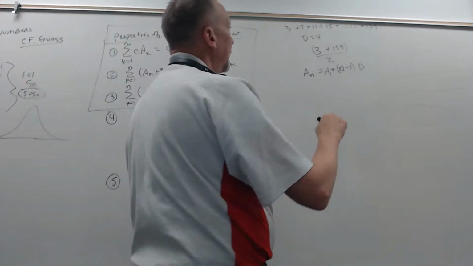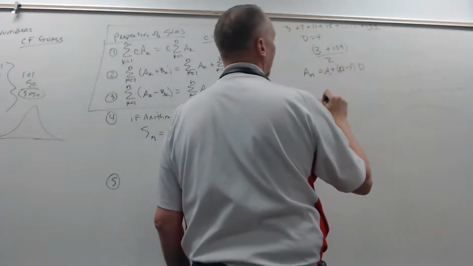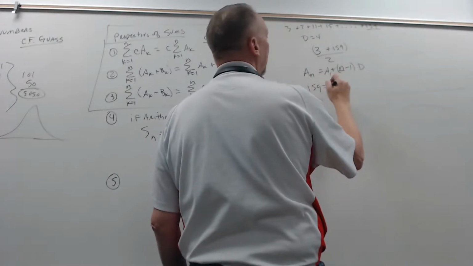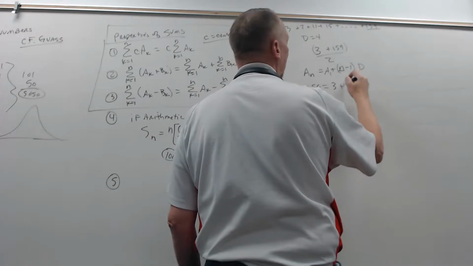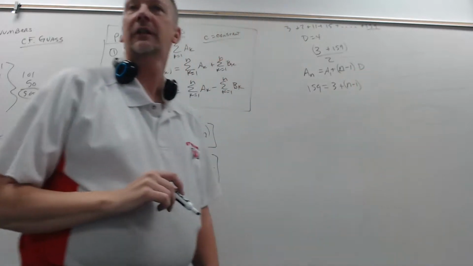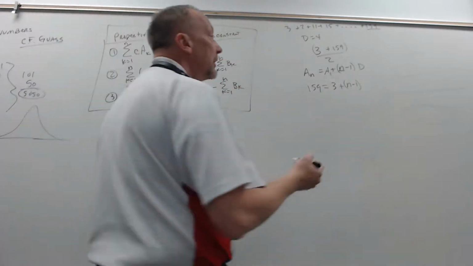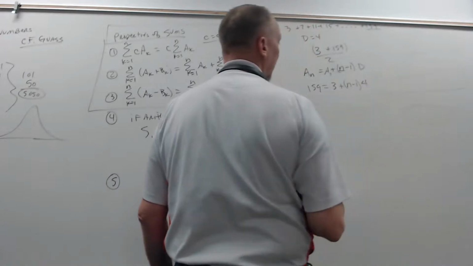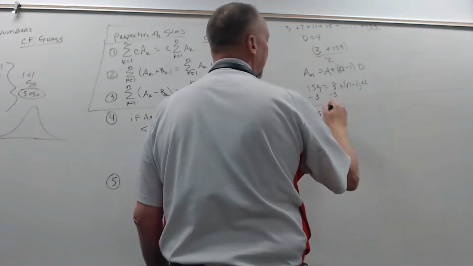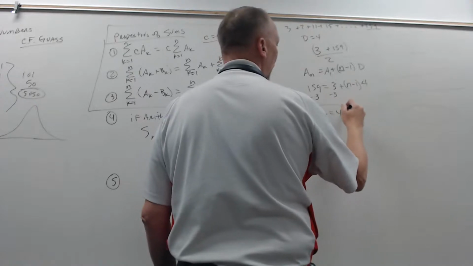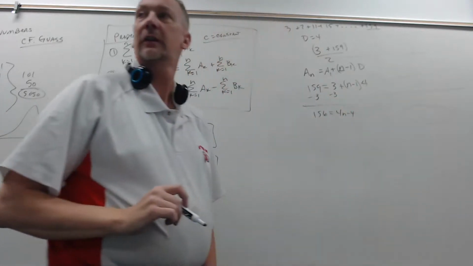If I pick the last term here, 159 equals your first term, which is 3, plus n minus 1 times your difference. Your difference in this case is 4, okay? So I'm going to subtract 3. 156 equals 4n minus 4, right?